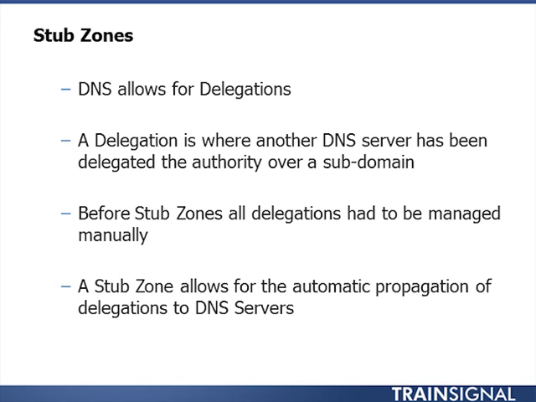And then when new servers are added for that subdomain, the one server that the parent was already pointing to in that stub zone will relay that new information back up to the parent and say, hey, there's some more delegations here. There's more DNS servers that have been added to this subdomain. So this all happens automatically.